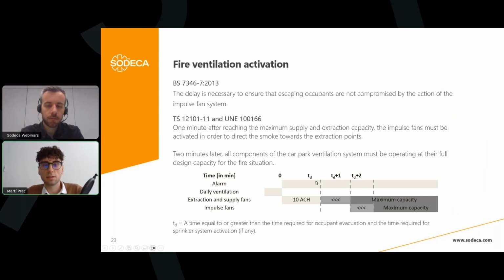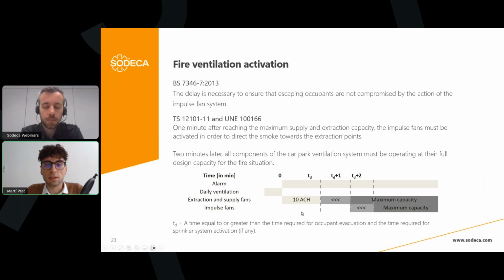Once TD has passed, TD would be the greatest time between the evacuation time and the sprinkler system activation time. In most car parks, it will usually be the evacuation time, but it is important to have this delay also waiting for the sprinklers to activate as well.